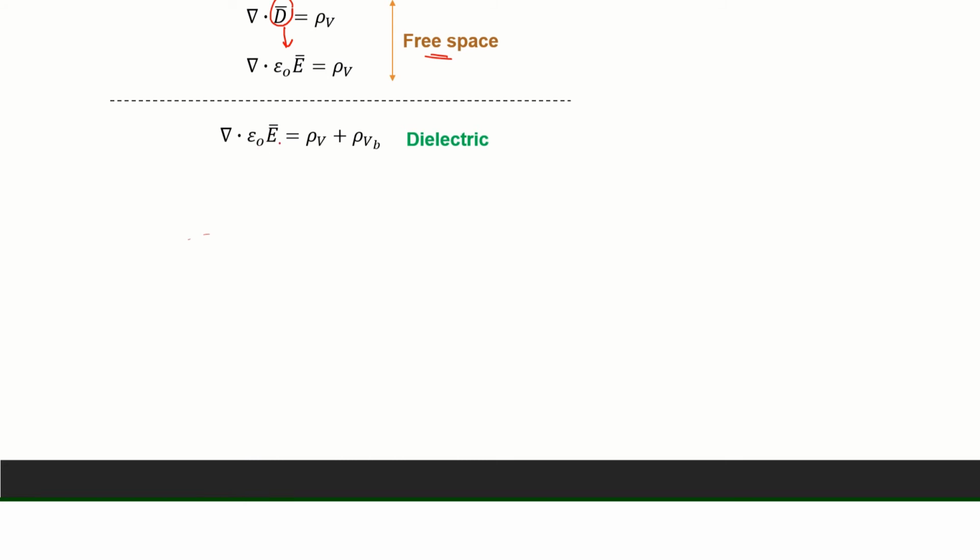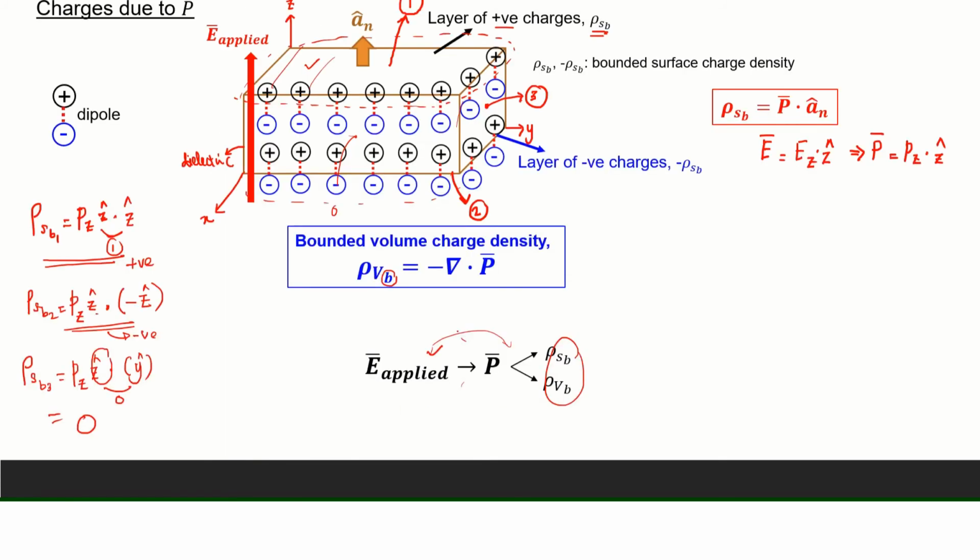There should be an additional term here, which equals, we know that in a dielectric the charges are rho V plus rho VB. From what we have discussed before, the dielectric will produce rho VB.